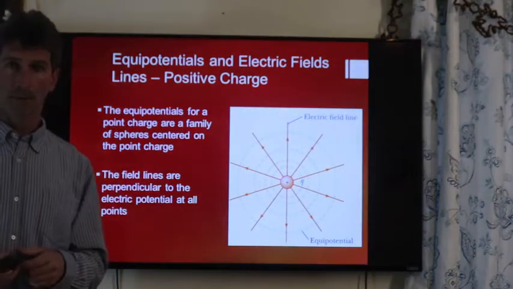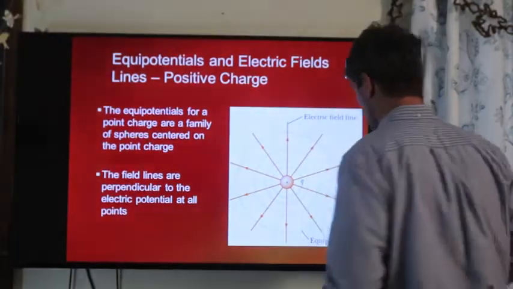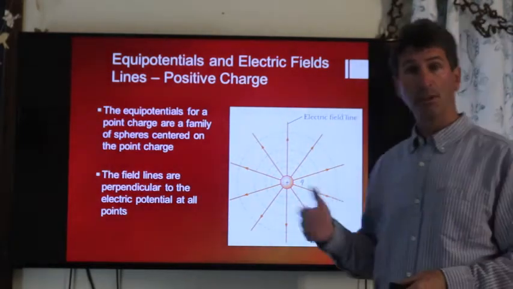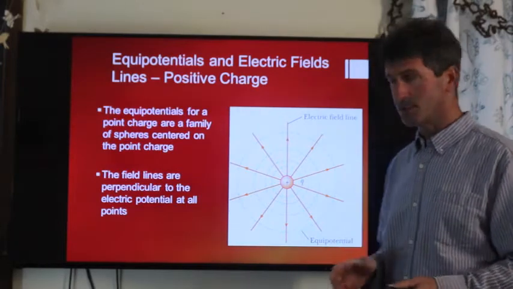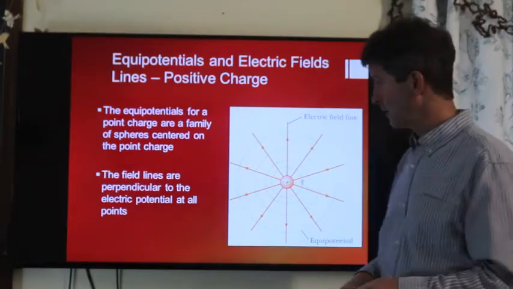Here are equipotential surfaces around a point charge. And if you remember, one of the homework problems actually had you calculate the radius for different potentials around a particular charge.